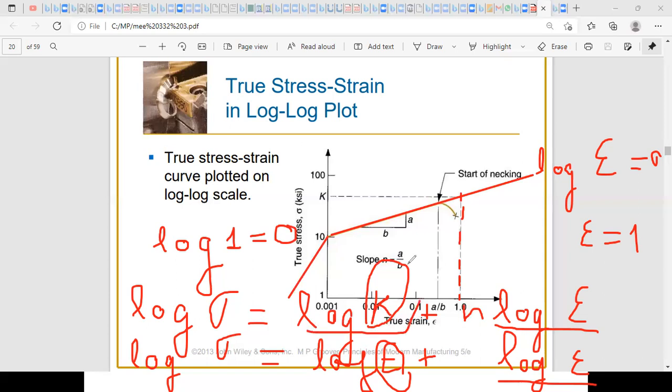I can read log of K. Okay, so when you do this line, you expect to read the value of k here, because on the logarithmic scale, when you put k here on the scale, this means this will correspond to a measurement here equal to what? Equal to log of k.